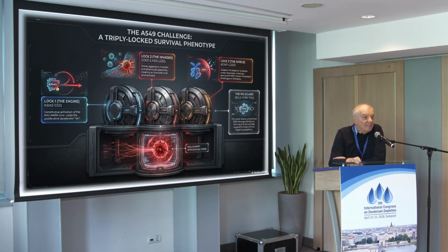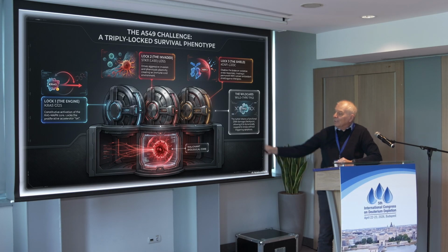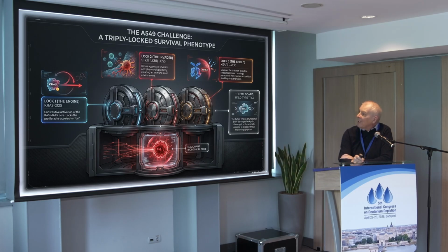So this is where I show what is happening in this cell. You have the triple protection, which I symbolize with 3 locks. Here is the malignant core of the cell, and you see the KRAS keeps the proliferative engine permanently engaged through constitutive KRAS-MAPK signaling.